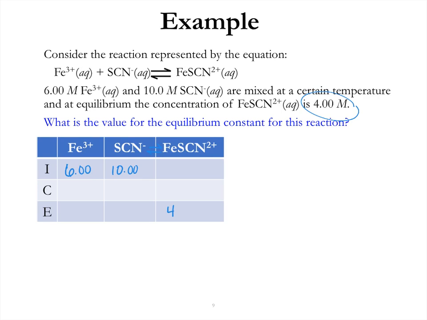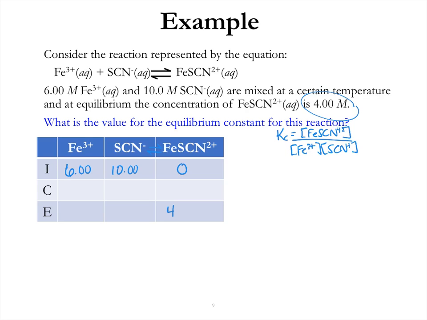And now it's asking us to figure out the value of K for this reaction. So we can write the K expression and now we can solve and fill in the rest of our ICE table.